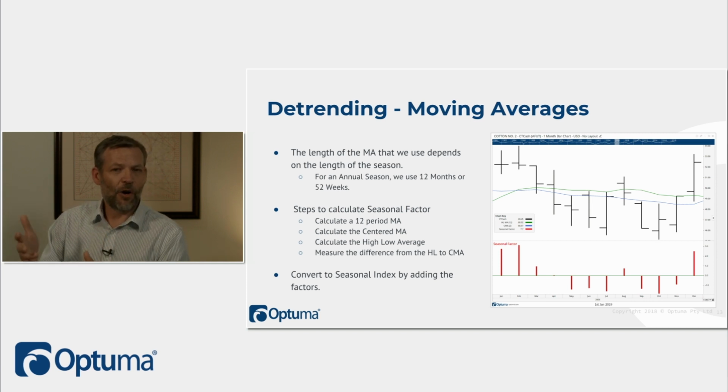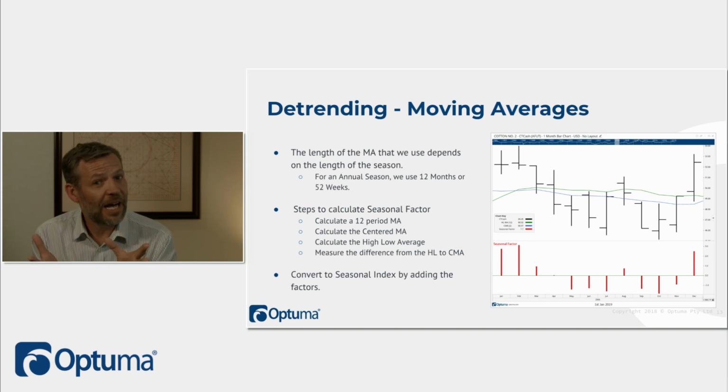Now, in programs like Optuma, that last 6 bars is a little bit erroneous, and so we do some regression calculations to try and forecast where we think the centered moving average is going to be. But until we get the next 6 bars, that value is not accurate.